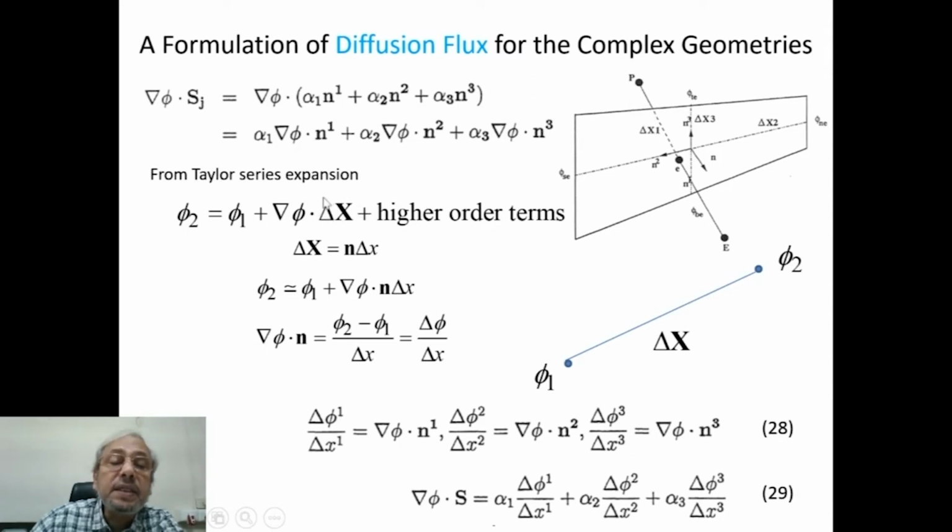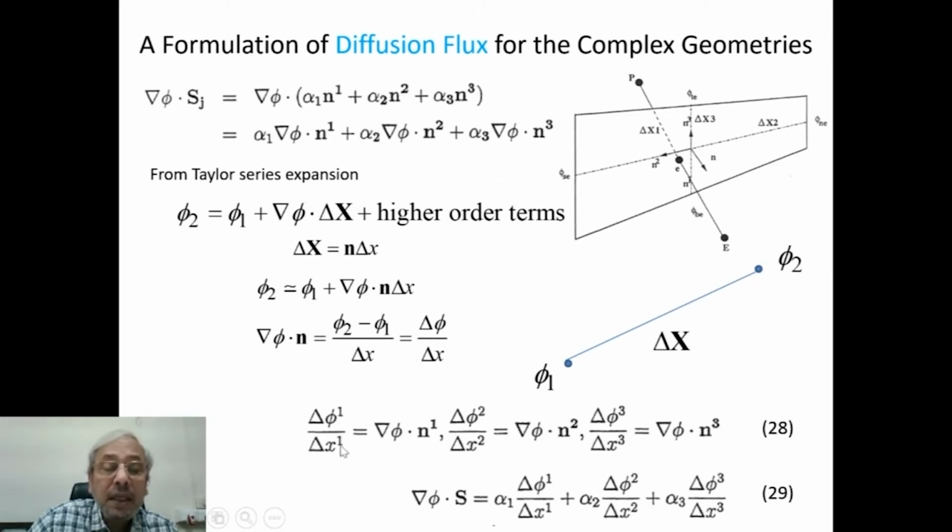This dx is a vector, and this can be written as n dx, and this is a scalar. So basically grad phi dot n is given by phi 2 minus phi 1 by delta x, so delta phi by delta x.